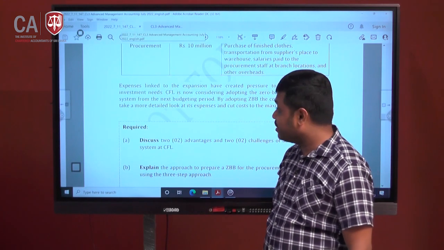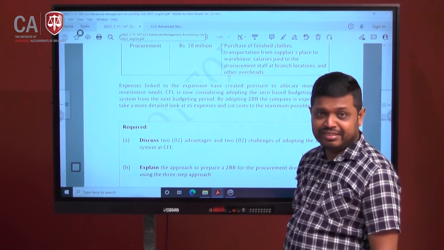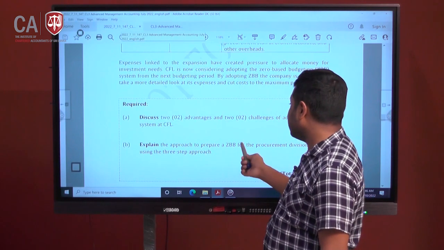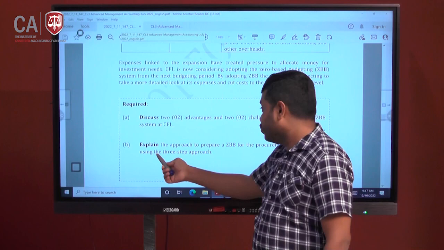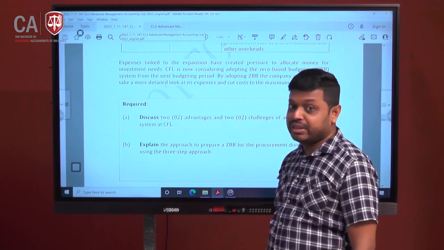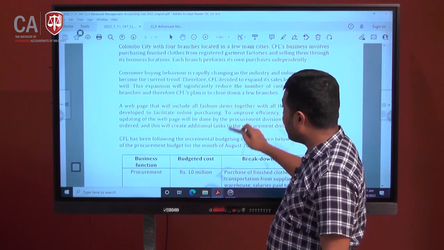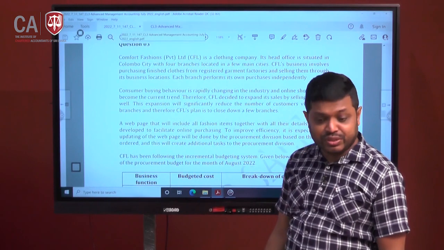What are the advantages and disadvantages of adopting zero-based budgeting? Right. Then explain the approach to prepare a zero-based budget for the procurement division at CFL using 3-step approach. Okay, we'll read first and then we will see how we are going to approach this particular illustration, right.